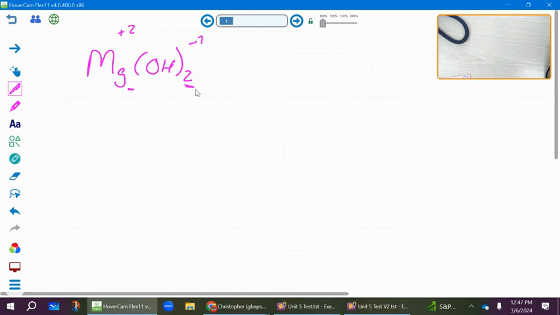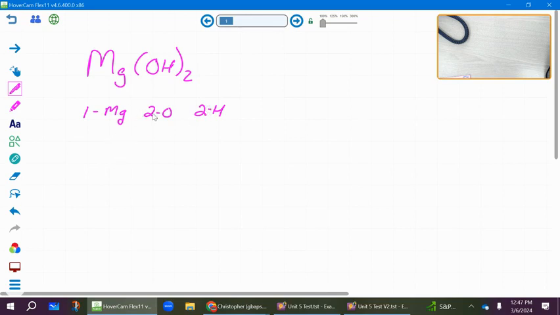This 2 comes over here to balance off the +2 of the Mg with 2 -1s of the OH. Are there any questions on that part of it? Okay, so then when we're finding a formula mass, we need to figure out how many of these things are in the formula. 1 Mg, 2 oxygens, 2 hydrogens.